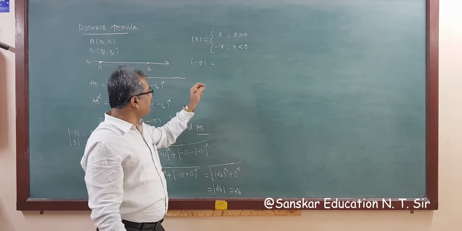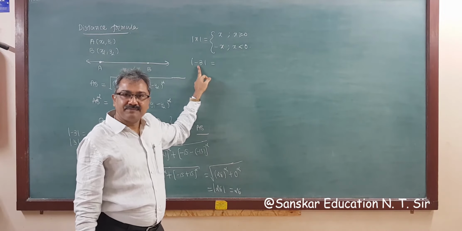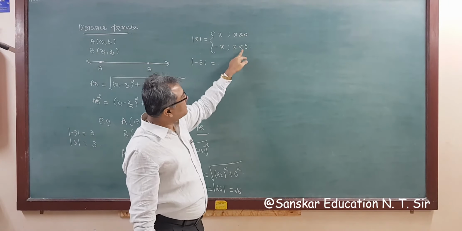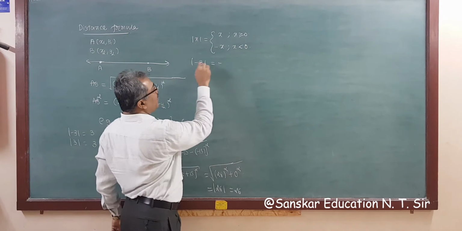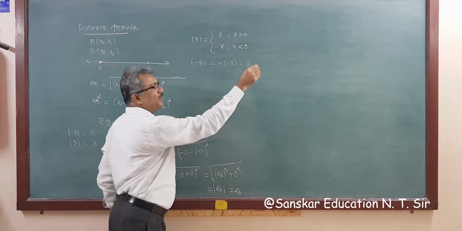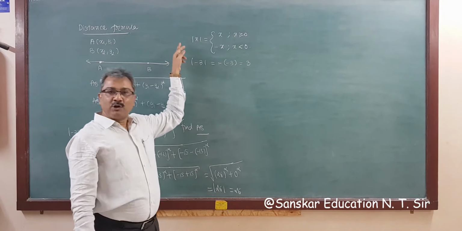Now what is this? x is minus 3 here, so x is less than 0. Then what is your answer? Minus of x. So that's why this is plus 3, right? And this is a modulus function.